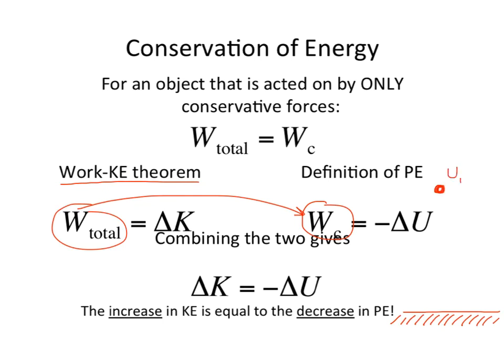The initial potential energy is, I don't know, 5 joules. It has the ability to fall to the ground because gravity is a conservative force pulling it down. But when it's up here at rest, it's not moving, so the initial kinetic energy is 0 joules.